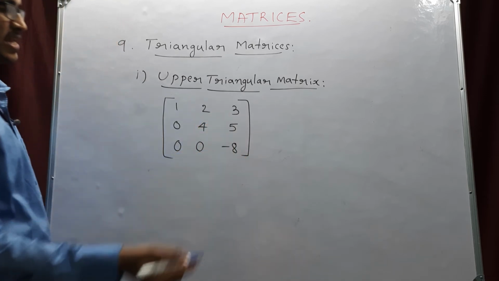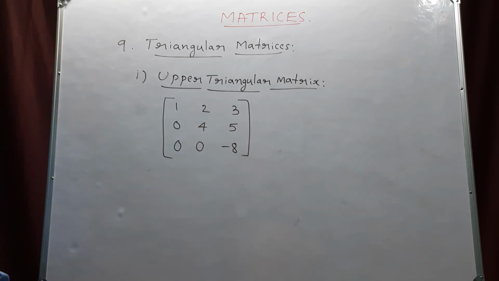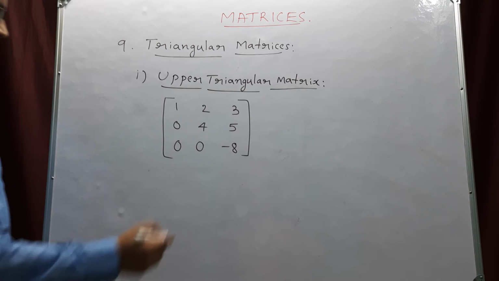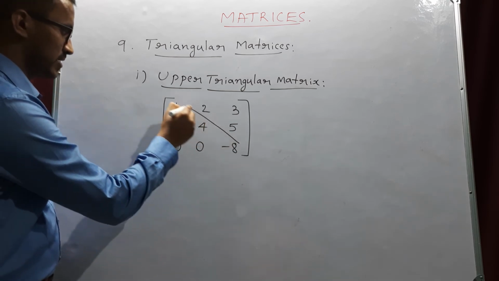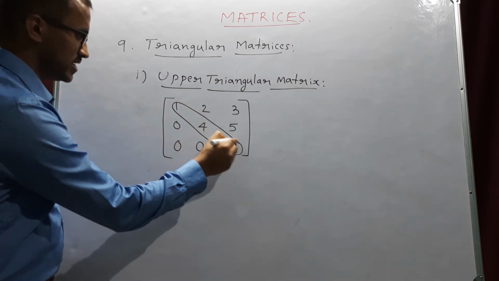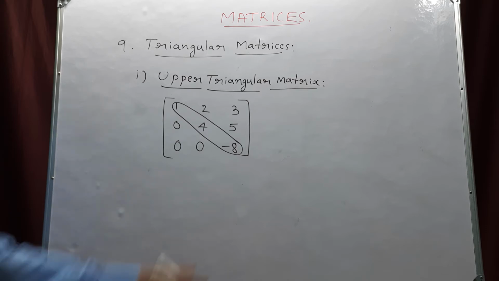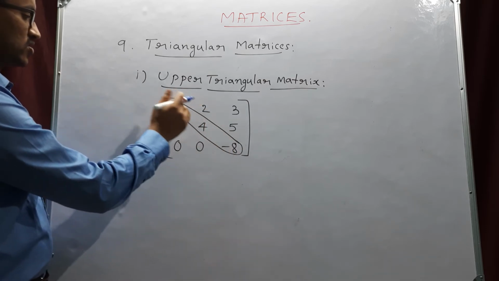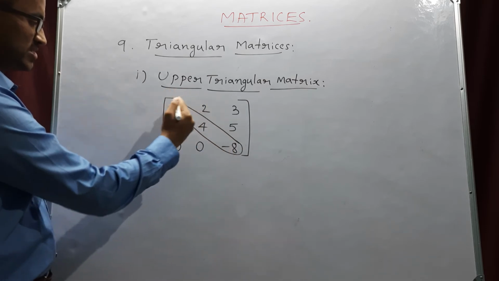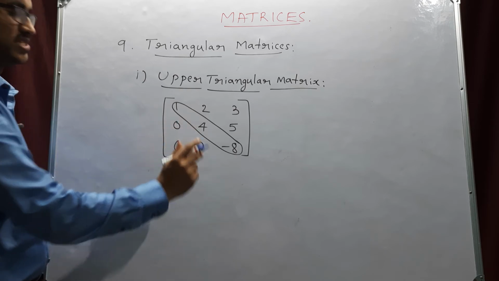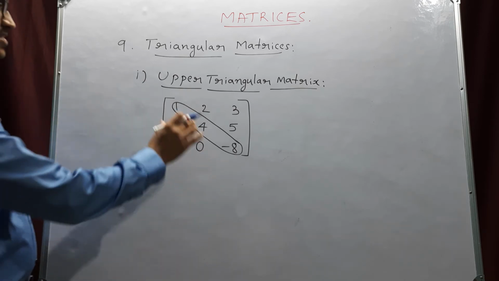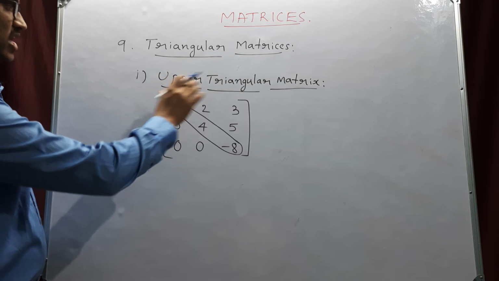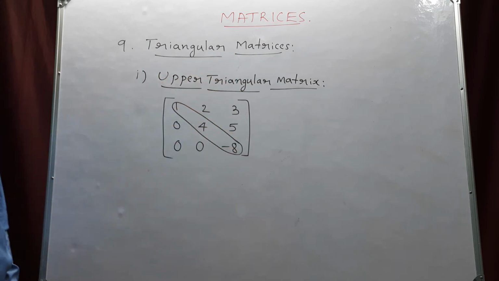This is an example of an upper triangular matrix, because this is the principal diagonal, and all the elements below the principal diagonal are 0. This type of matrix we call an upper triangular matrix.